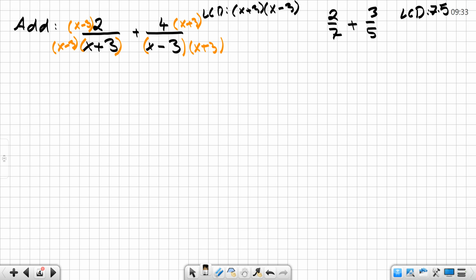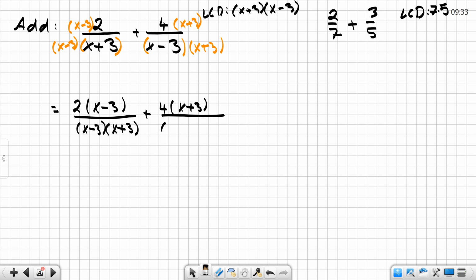So if I rewrite this to make it look a little bit nicer, then I have 2 times x minus 3 divided by x minus 3 times x plus 3, plus 4 times x plus 3 divided by x minus 3 times x plus 3.